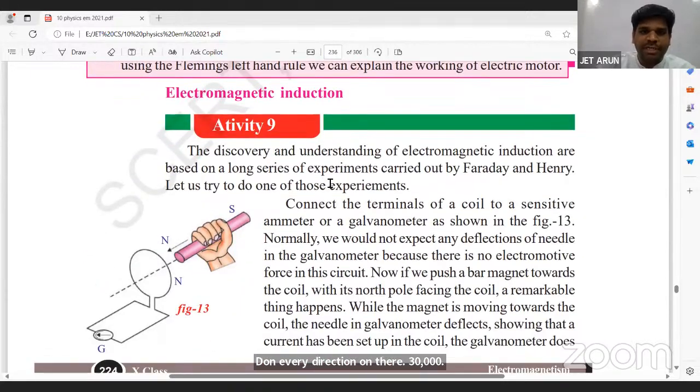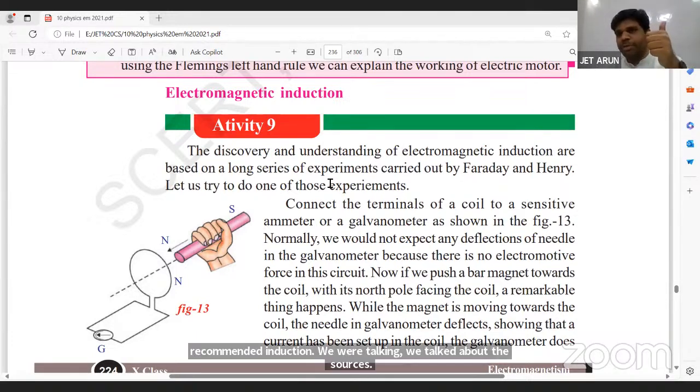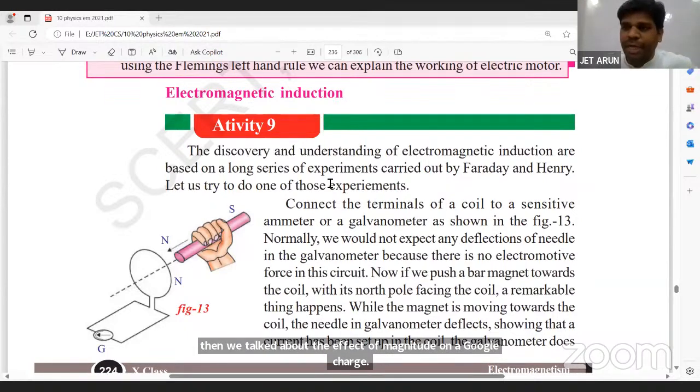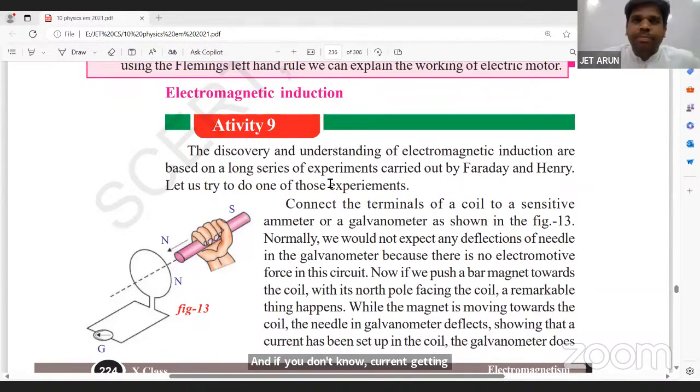All right, let's go for another activity, students. Electromagnetic induction. We talked about the sources of the magnetic field. We talked about uniform and non-uniform magnetic fields. Then we talked about the effect of a magnetic field on a moving charge and on a current-carrying conductor, QvB and ILB. F is equal to QvB for a charge projected in a uniform magnetic field.